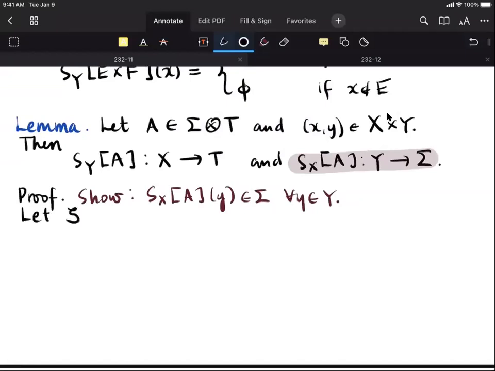Let us denote by script S the set of all elements in the product sigma algebra wherein this conclusion is valid.